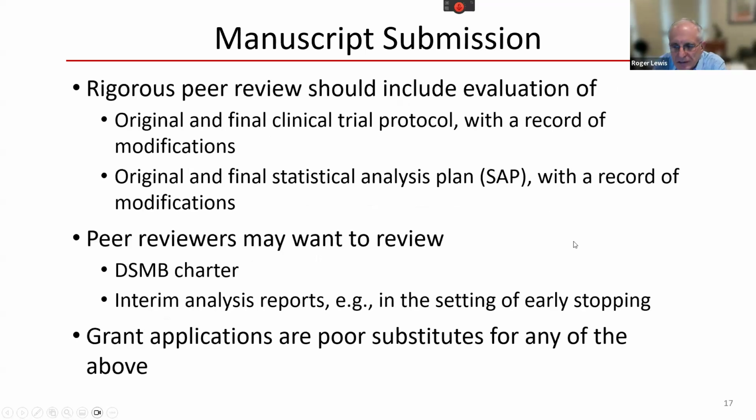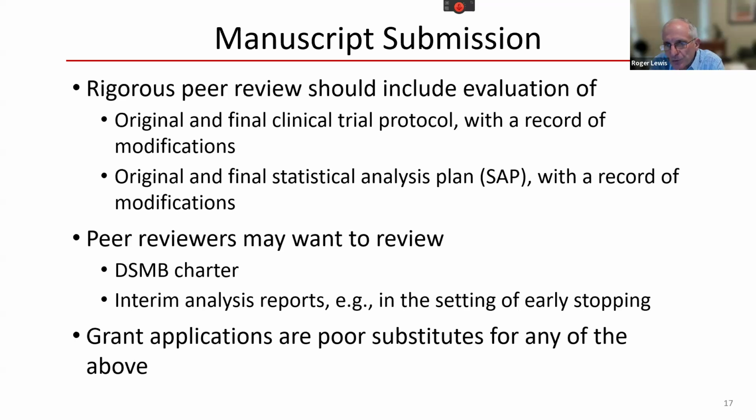Now, I want to talk a little bit about manuscript submission. Why is it so important that you maintain version control and change control of your documents? So ideally, when a publication reporting the results of a clinical trial is submitted, the peer review process should include an evaluation of the original and final clinical trial protocol with a record of the modifications.